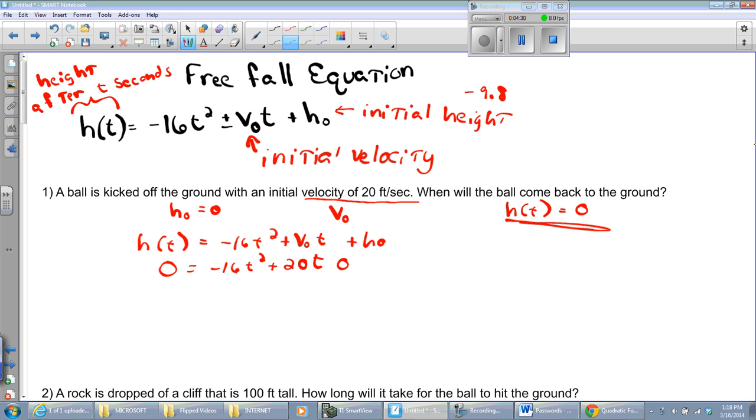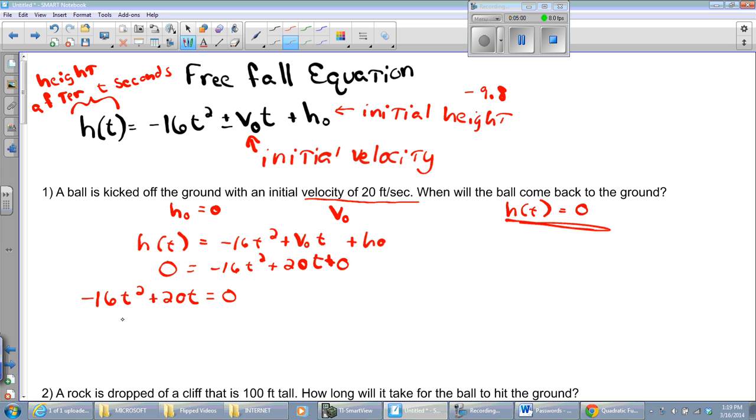I could go a couple different routes on this one. I could go with the quadratic formula to solve this, or I could factor it. I think on this particular one, I'm going to look to factor it. Maybe I'll do it both ways since you're such a new learner at this. All right. So I'm going to take the negative 16 t squared plus 20 t, and of course equals 0.